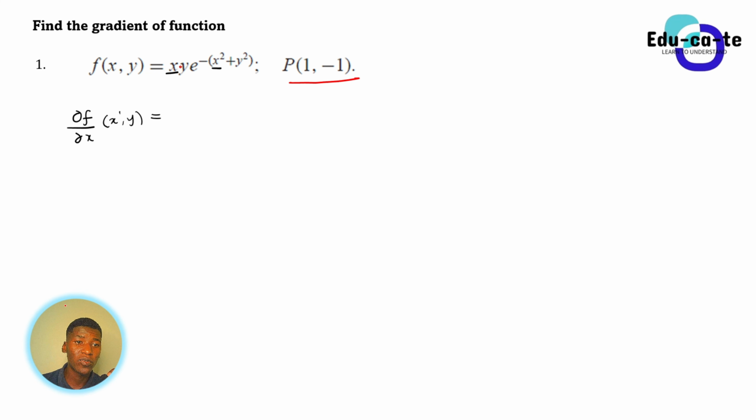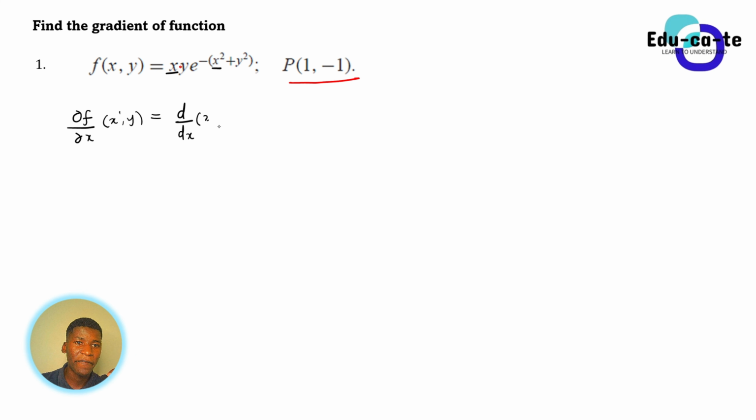Do watch my video on partial derivatives if you are getting confused on how to do a partial derivative. Basically, you are going to find the derivative in terms of x of x.